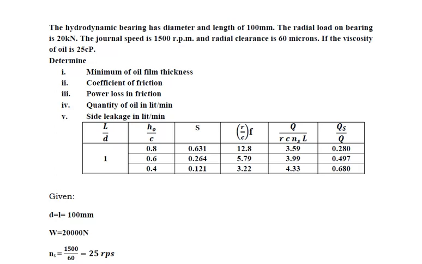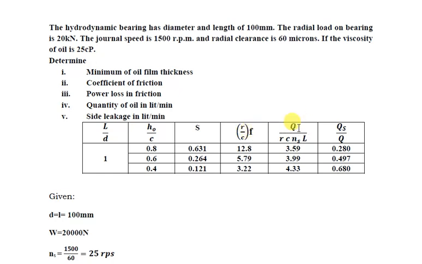For this numerical, Raimondi and Boyd chart is given where L by D ratio, means length to diameter ratio, is again given as 1. Then h0 upon c, minimum oil film thickness to the clearance ratio. Then Sommerfeld number is provided, r upon c into f, where f is the coefficient of friction.